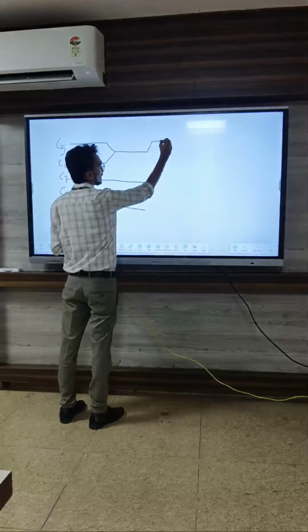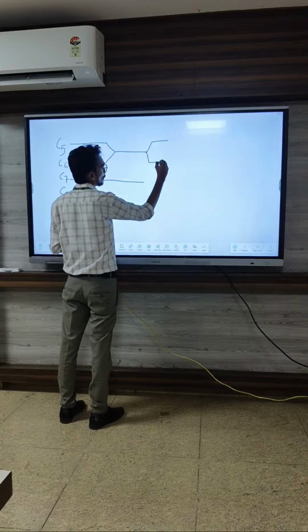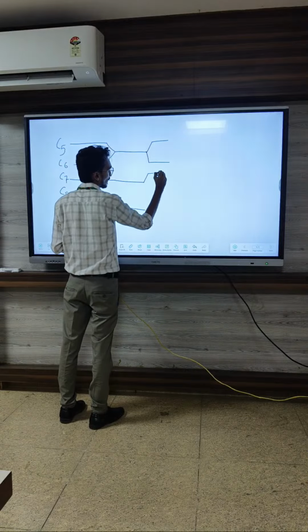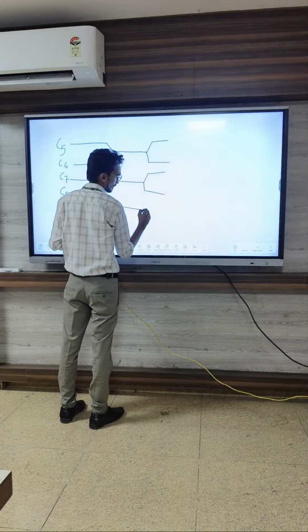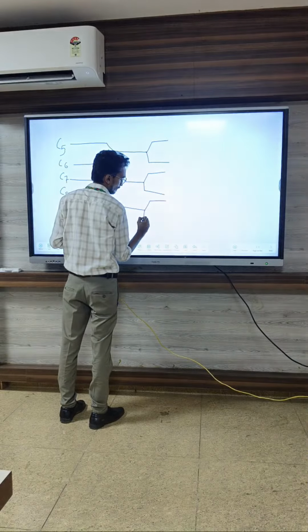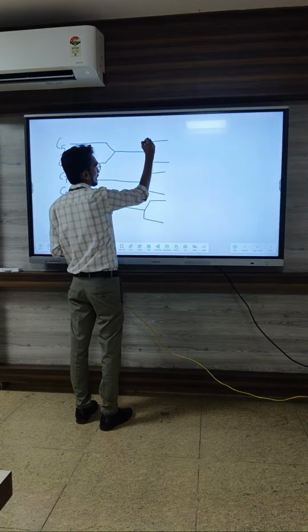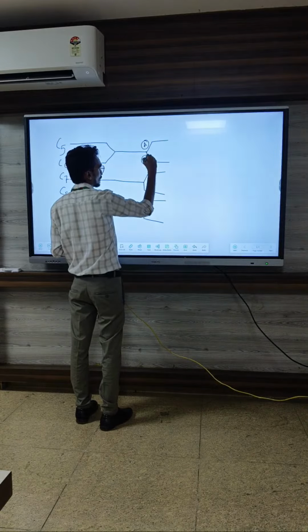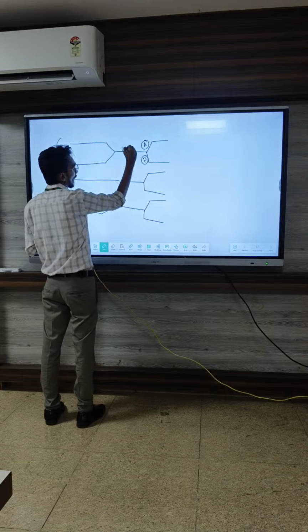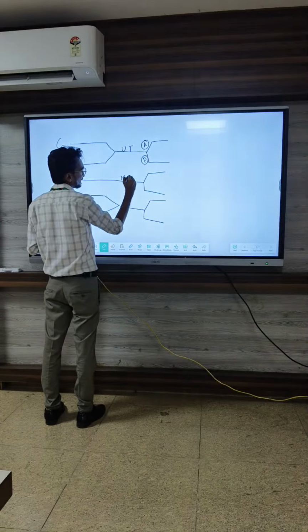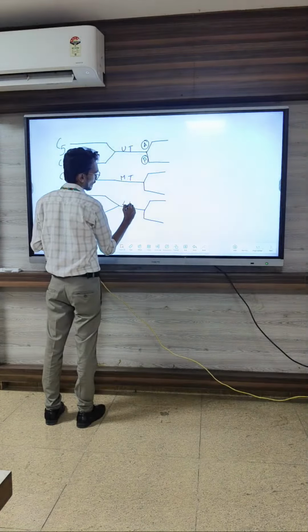See, this is the anterior division of the upper trunk, posterior division of the upper trunk, anterior division, posterior division, anterior division, posterior division. Here is the upper trunk, middle trunk, and lower trunk.